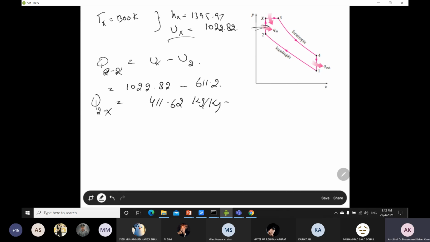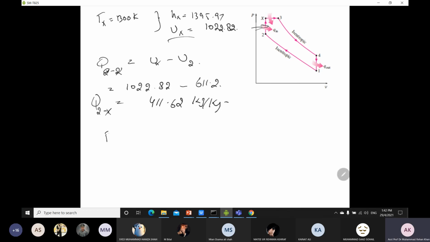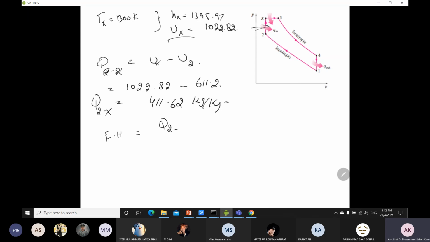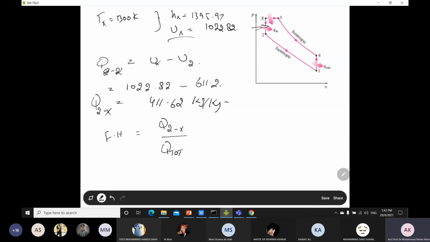Now, to find the fraction of heat, you can denote it with Fh. That will be the ratio of the heat added, Q2x, to Q total. If you take the ratio of these two, you can easily find the amount of heat added during this process.